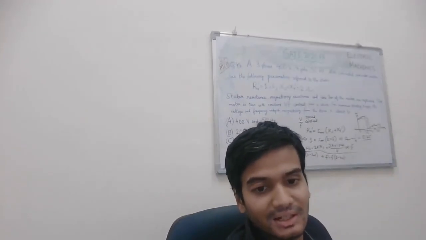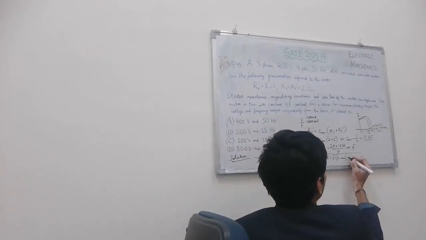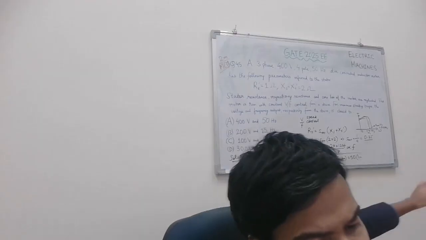So, it is given as 50 here. Then it is 50 times 1 minus SM, that is 0.25.